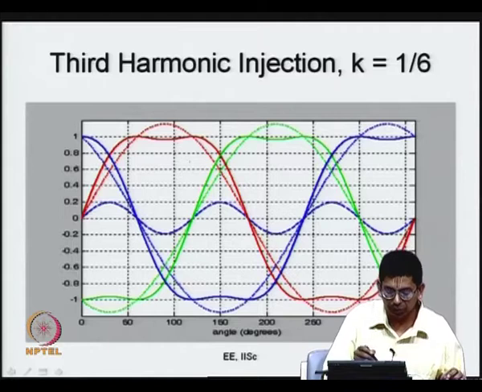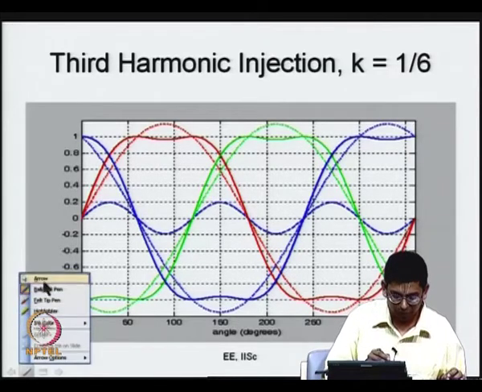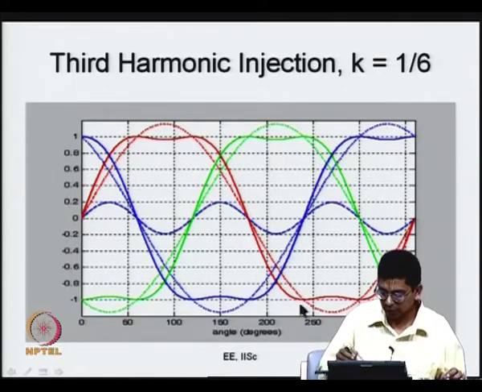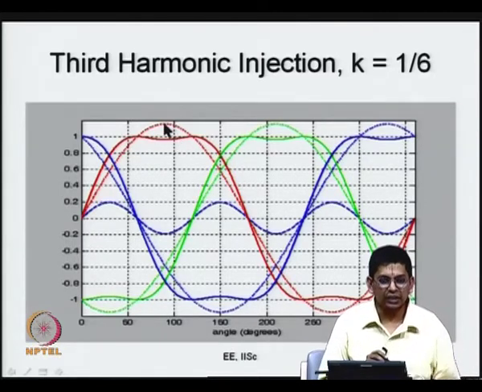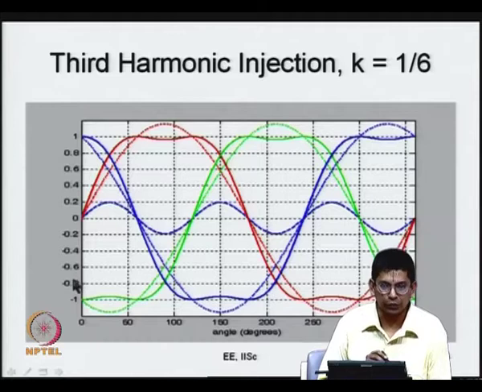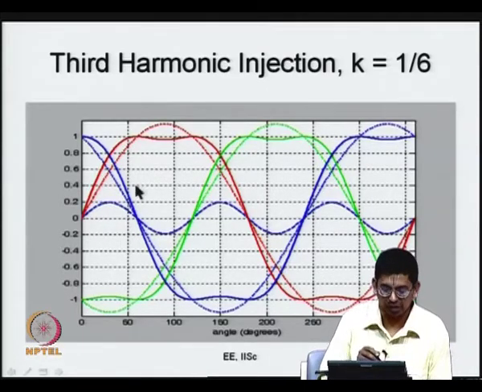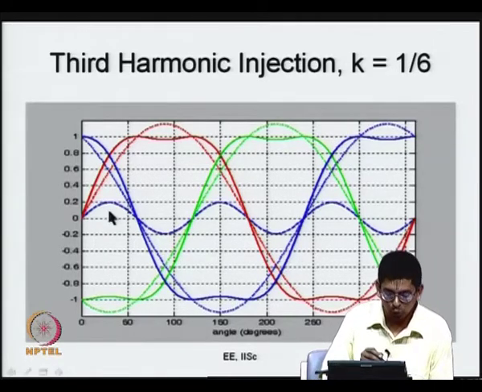So you see what happens, I am showing the red original sinusoidal signal. The original sinusoidal signal goes clearly above 1. What I have taken is actually 1.15 or so, that is basically 2 upon root 3. This is 2 upon root 3 is the original sine wave now. And to that I am adding a third harmonic component, this blue thing, whose amplitude is 1/6 of the red dotted wave.